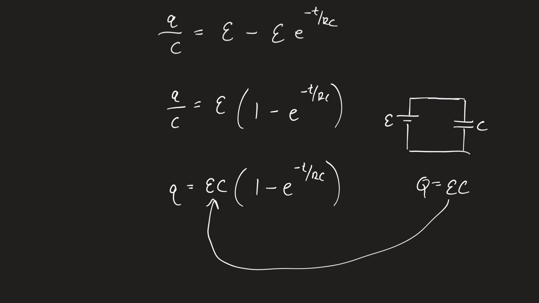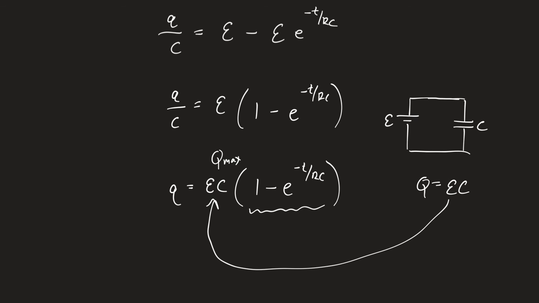That's what has to be out front, because everything in here is a unitless quantity. So there's no units inside there. I have to have something that's in terms of coulombs in charge. So EC is the potential max charge on the capacitor. Look at what's happening inside those parentheses.